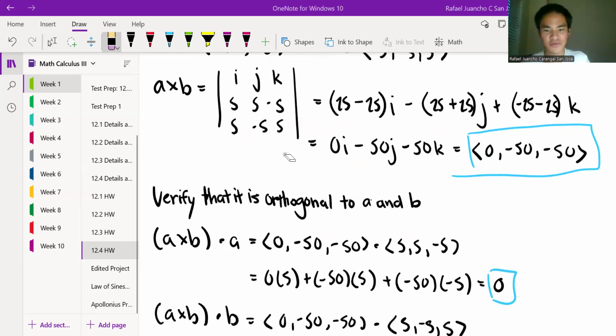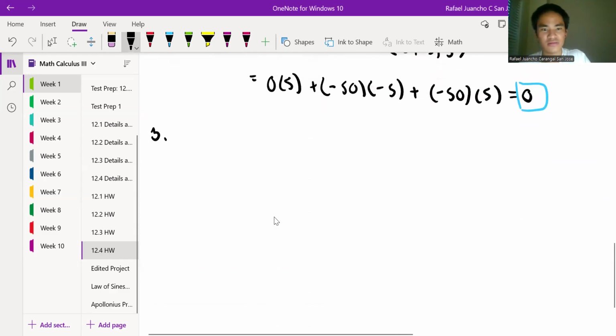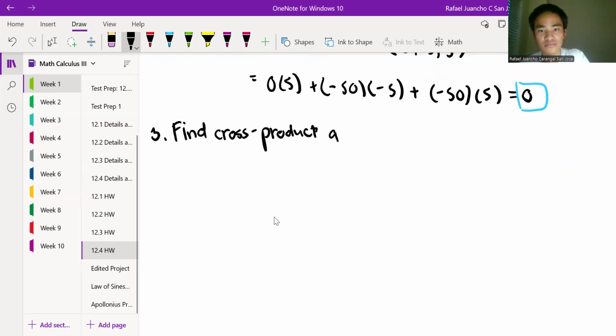All right, number 3. I think I'm at number 3 now. Okay, so again, we find the cross product of A and B, and we're given some interesting stuff here. We're given variables: t, 6, 1 over t.